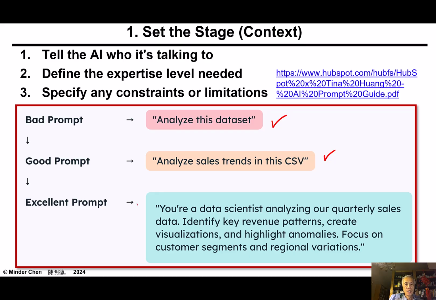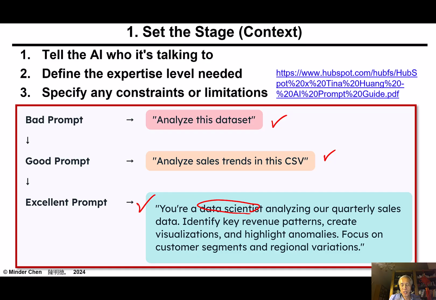Okay. A much better prompt is giving more detailed information, just like how you would tell a human expert or a research assistant, and say, you are a data scientist. That's kind of role playing. I want you to analyze our quality sales data. That's kind of your input.